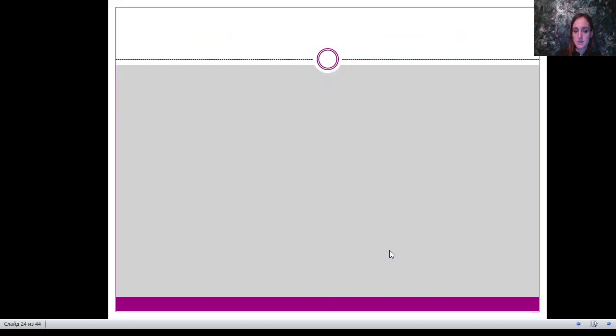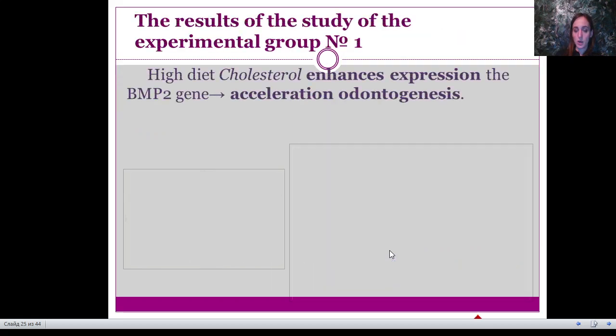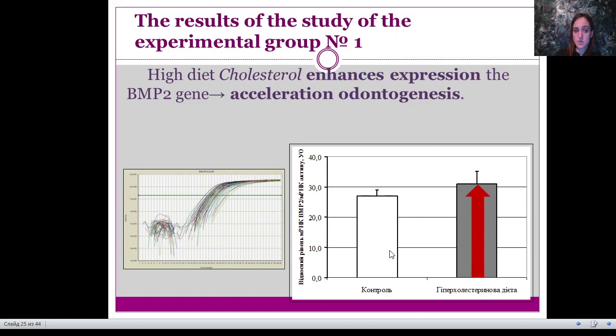And after this, we have first results of the experimental group number 1. So high diet cholesterol enhances expression of the BMP2 gene, and we have acceleration of odontogenesis.